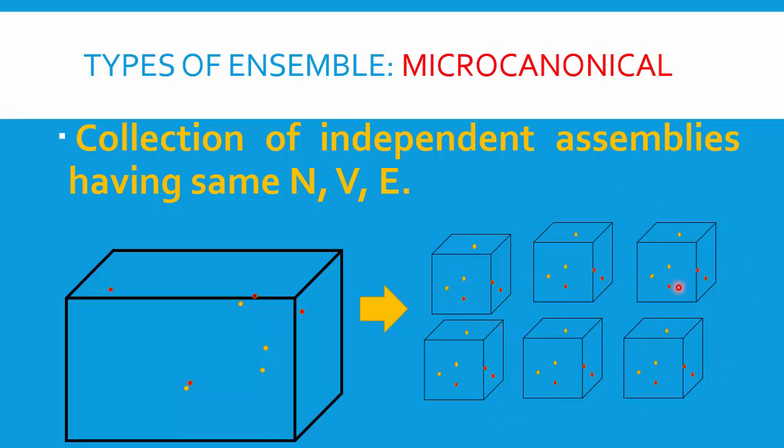Because every picture will have the same number of particles; if you have 10 particles, every picture gives information about 10 particles. The volume of the container is the same in each picture, and the energy is fixed. So every picture will have the same NVE, but some other parameter might change. This is the microcanonical ensemble.